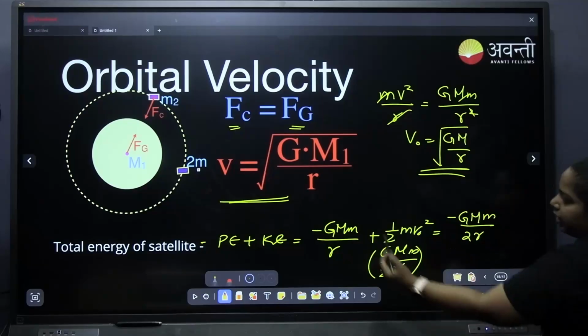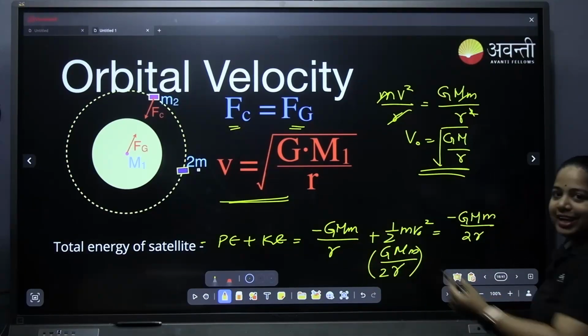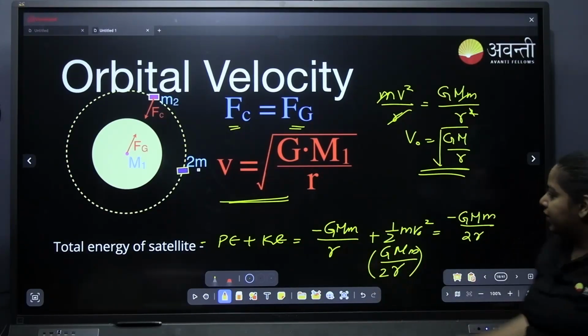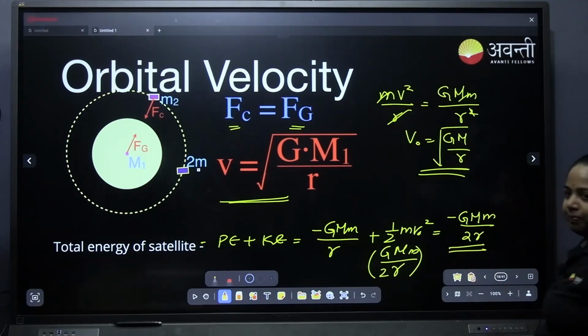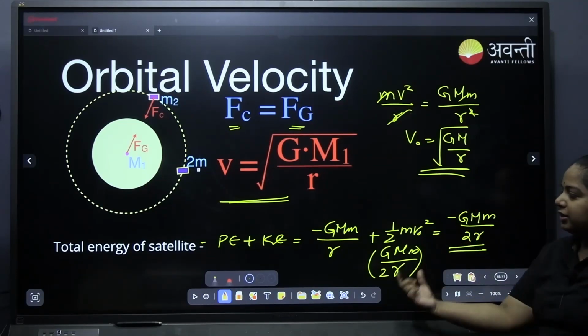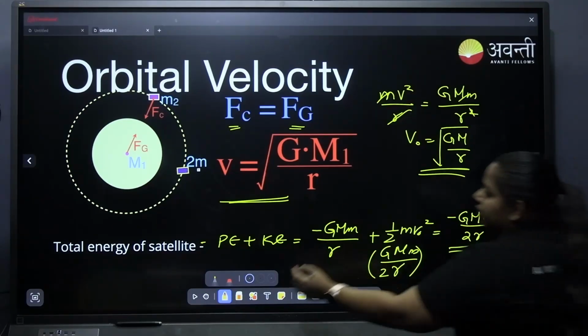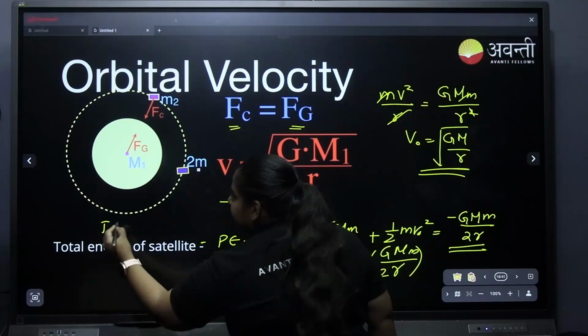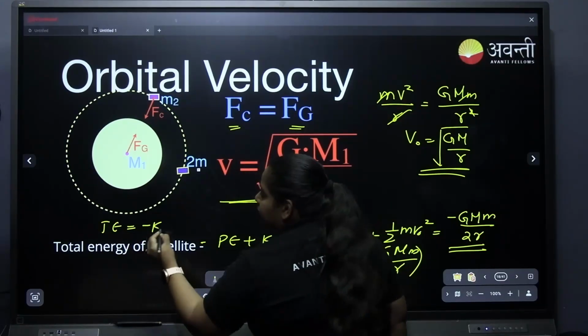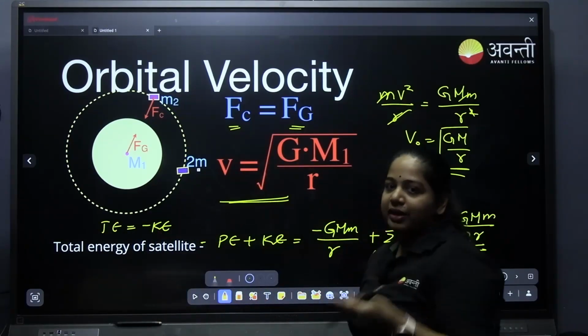So substituting potential energy and kinetic energy, we will get total energy equal to this. Can you compare these? We can say that total energy is equal to negative of kinetic energy. That is one comparison.